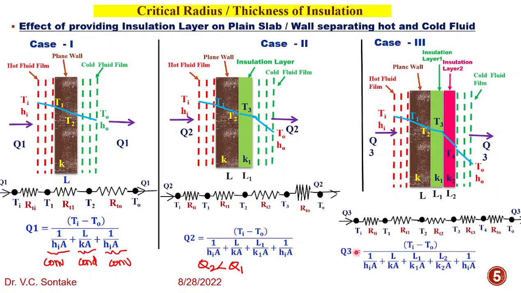And the equation for heat transfer rate Q3 will be Ti minus To over 1 over hiA plus L by KA plus L1 by K1A plus L2 by K2A plus 1 over hoA.